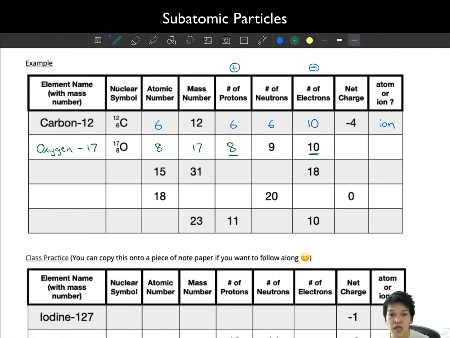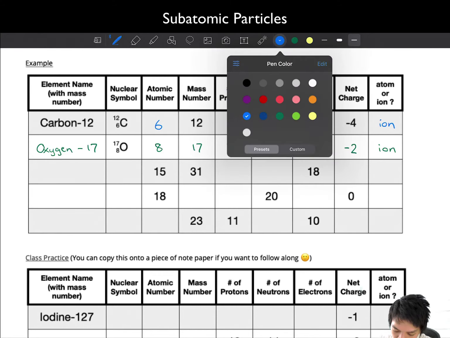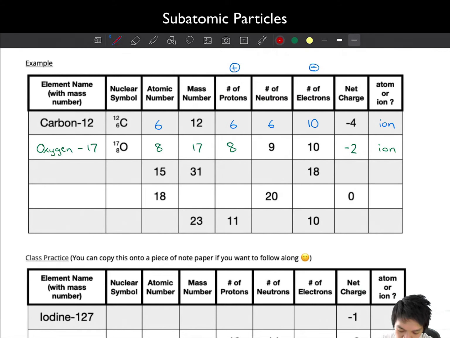Well, we have more negative this time, and we specifically have 2 more negatives than we have positives. So the net charge would be -2. It's that simple. Since we have a negative charge for this atom, this is considered an ion. Okay, let's do the third one now. Let's do it in a different color.